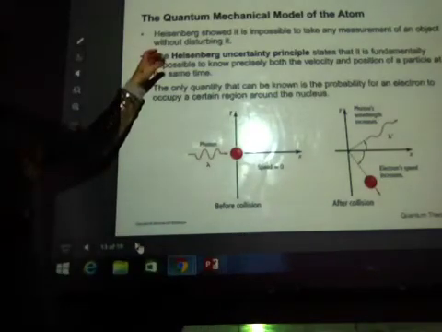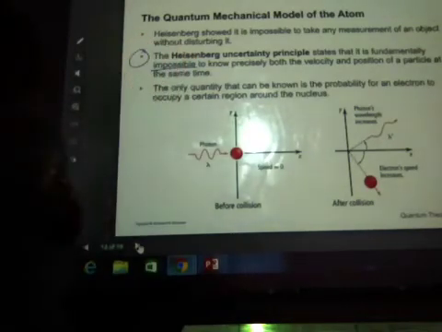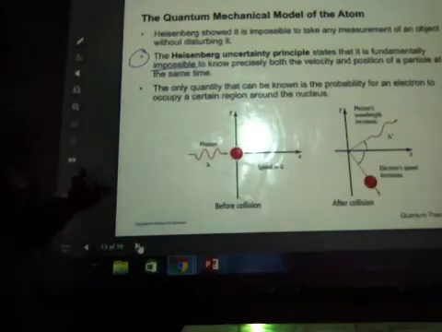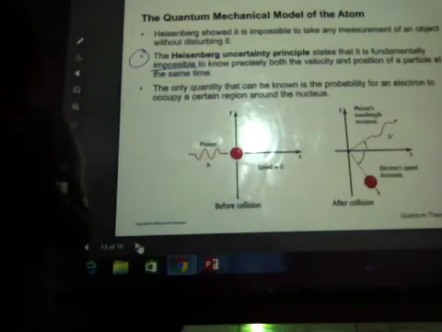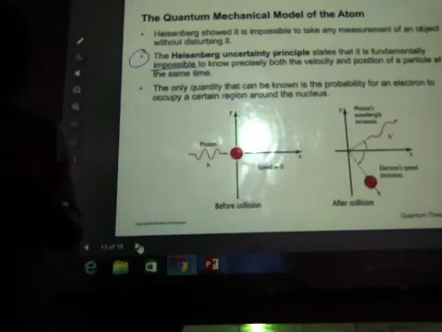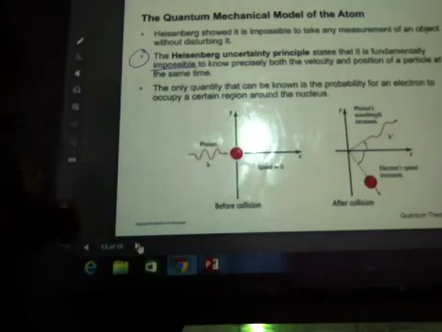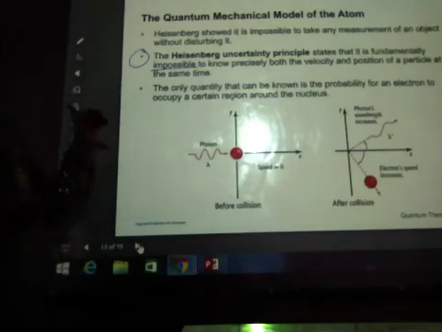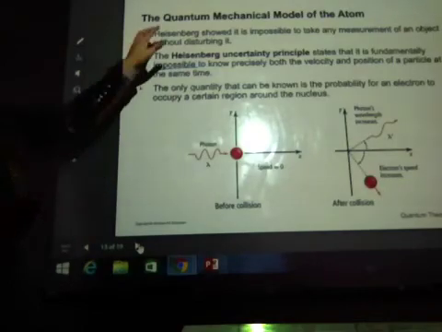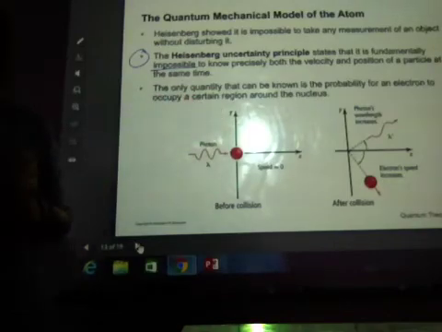So the Heisenberg uncertainty principle states it is impossible to know speed and position at the same time. I either have to study electrons as a wave, or I have to study them as a particle, but I can't do both at the same time. And that's still true today. I can't take a measurement of one thing without messing up the other part of it.